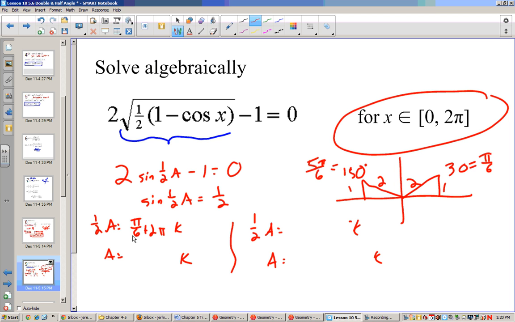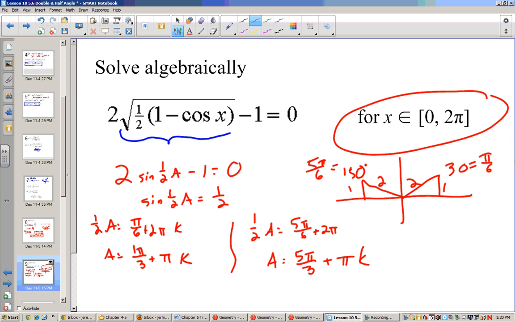If I multiply that by 2, that would be 2 pi over 6, or pi over 3, plus pi k. And this would be 5 pi over 6 plus 2 pi k. And if I multiply by 2, it would be 10 pi over 6, which is 5 pi over 3, plus pi k.